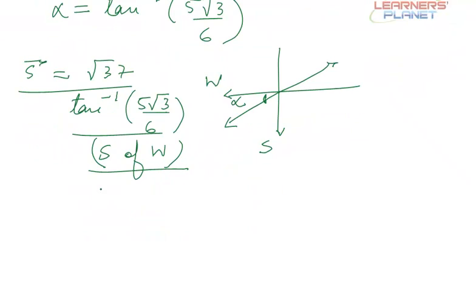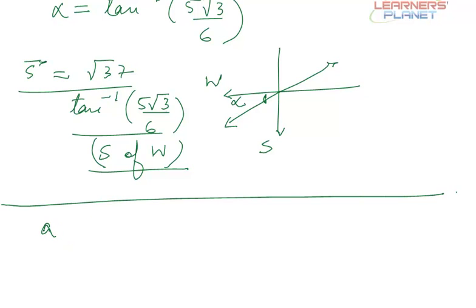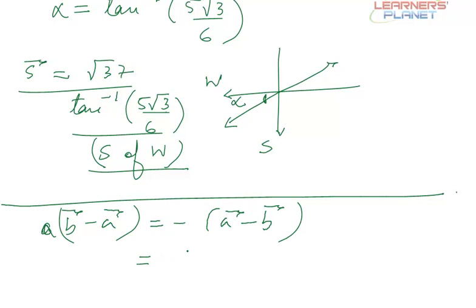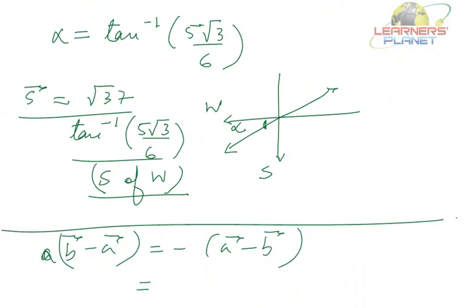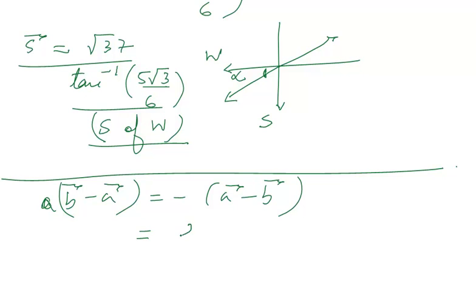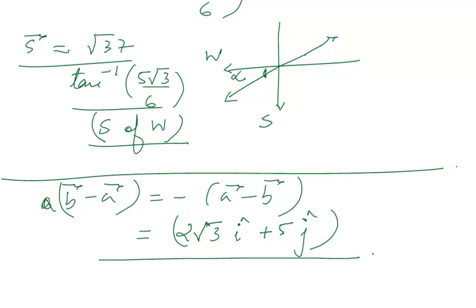So if you calculate it, you will find the value of B minus A vector, which will be equal to minus of A minus B vector, equal to 2 root 3 i cap plus 5 j cap. And this angle alpha will be same.